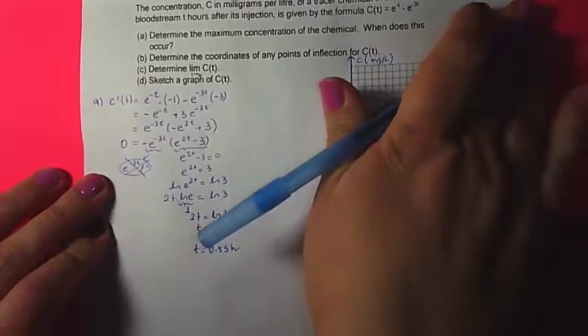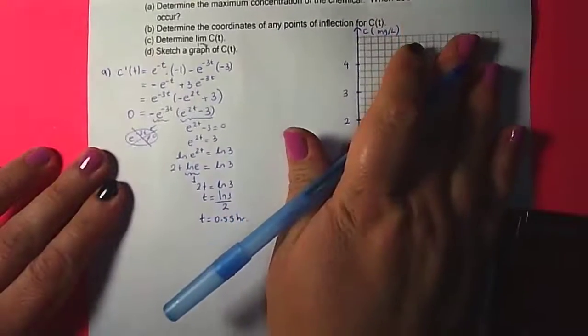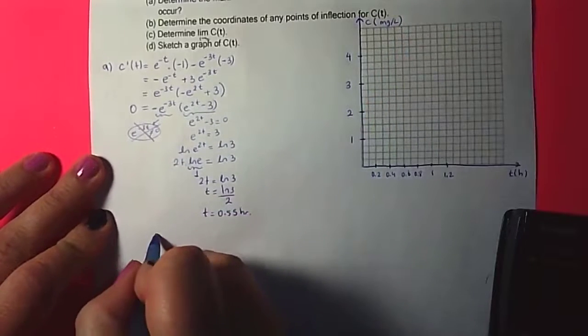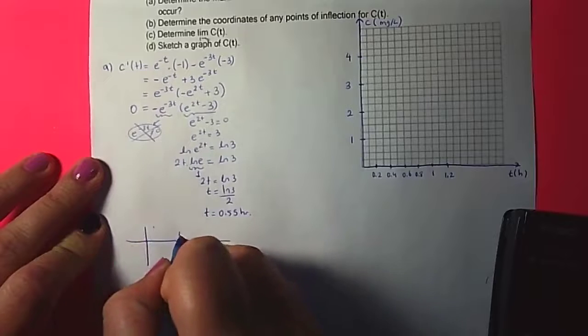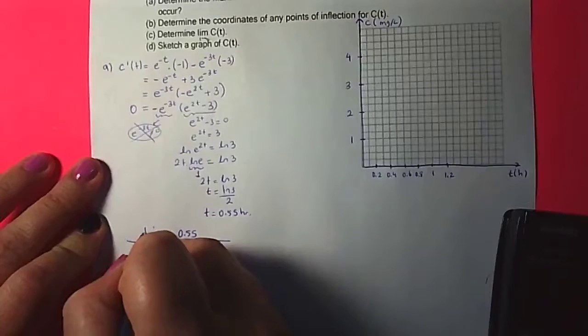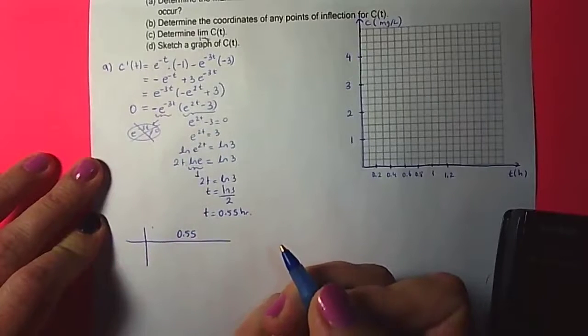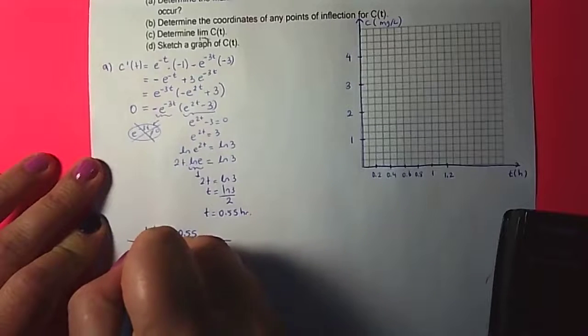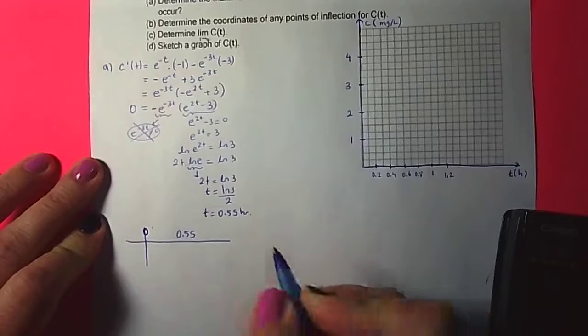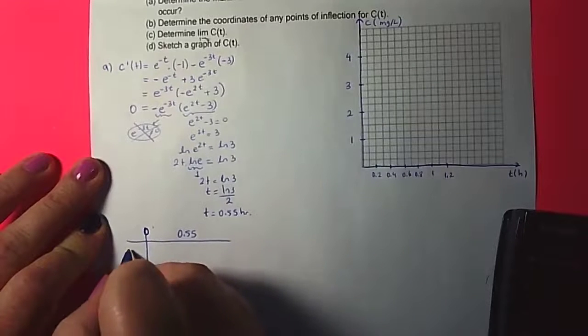Okay. So we can also make a first derivative table to see if this is really giving us the maximum. 0.55. So since this is a word problem and time cannot be negative, we're going to start our table from 0 and the other end is just infinity.